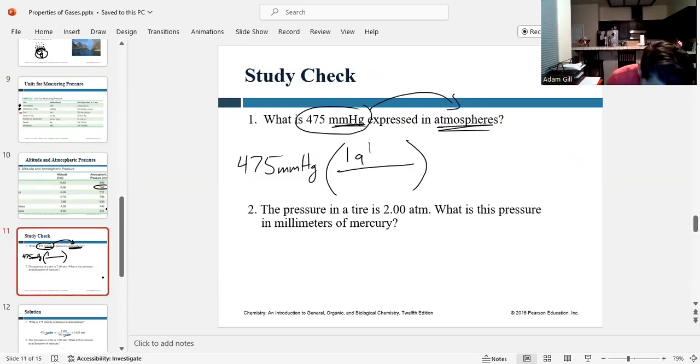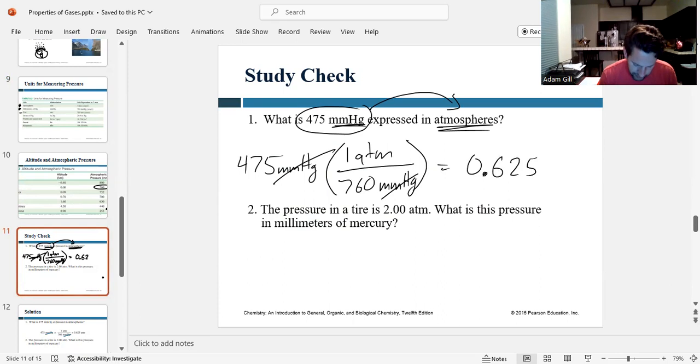So 1 atmosphere is 760 millimeters of mercury. And so when you multiply that across, millimeters of mercury cancels. And we pull up a calculator. 475 divided by 760, I get 0.625 atmospheres.